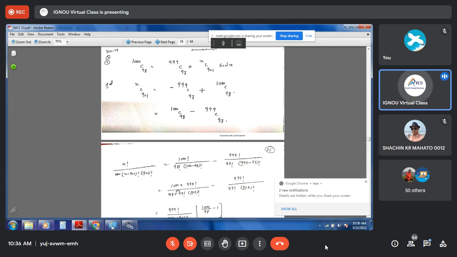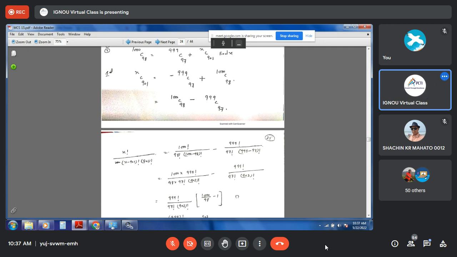And for 98 factorial, the formula will be 98 into 97 factorial. Then 999 factorial divided by 97 factorial, we will calculate 902 factorial.